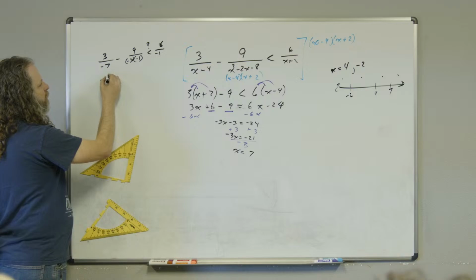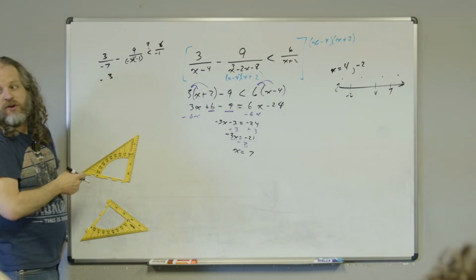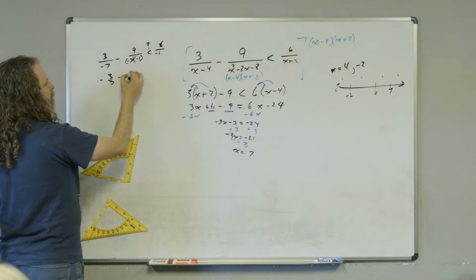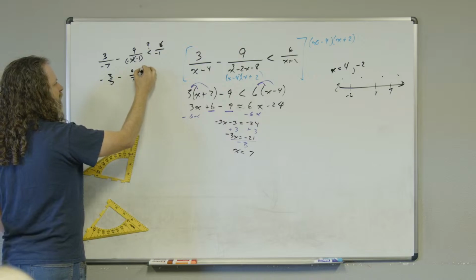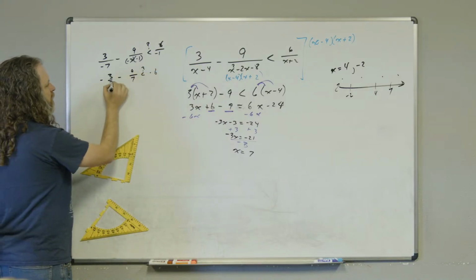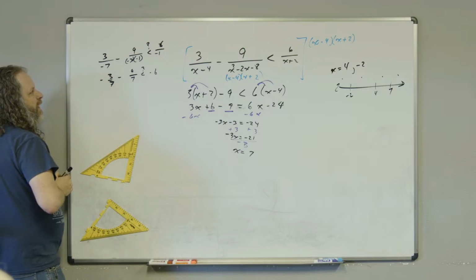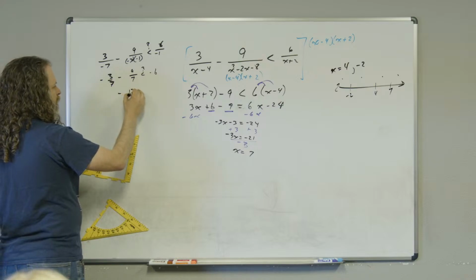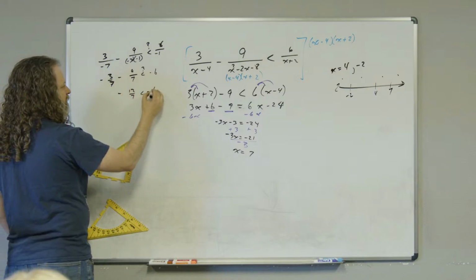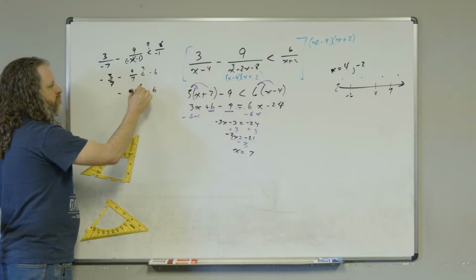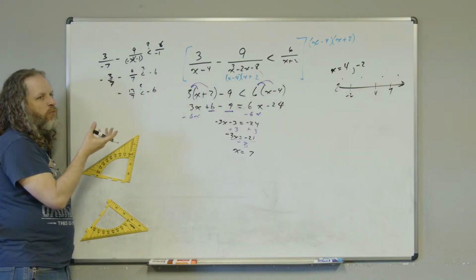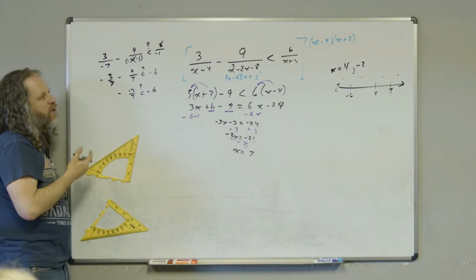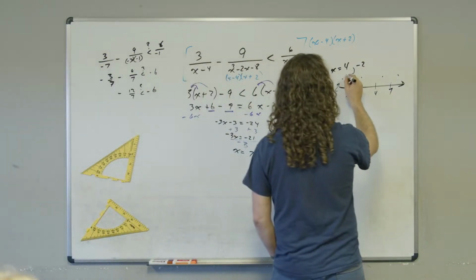So negative 3/7 minus 9/7, is that less than negative 6? Is negative 12/7 less than negative 6? No. That'd be negative 1 and something. Is negative 1 point something less than negative 6? No, it's not. It doesn't work over here.